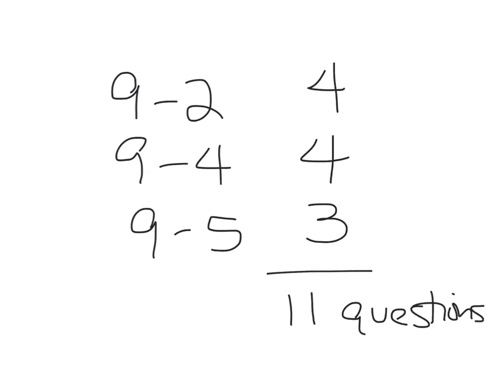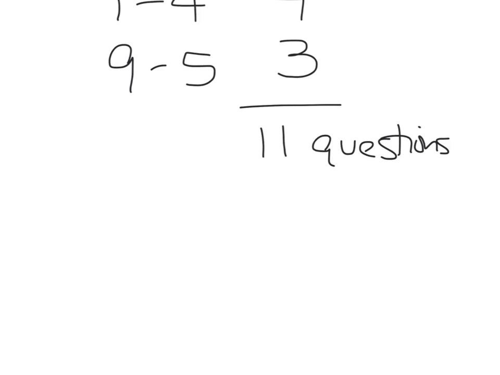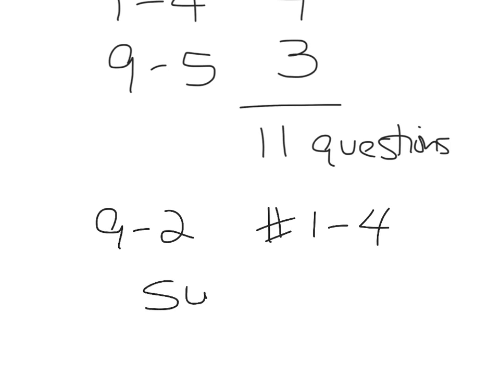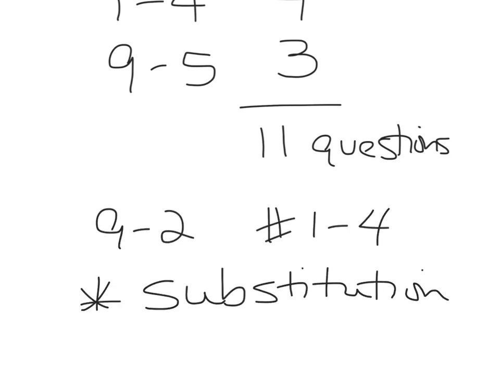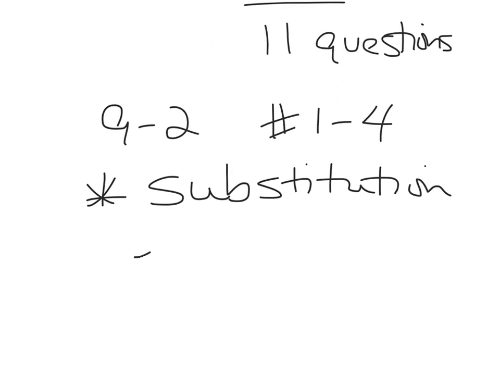So the first 4 from 9.2, questions 1 through 4, the instructions are going to say solve using substitution. You must show this method. Then questions 5 through 11 are going to say solve by using adding and subtracting.